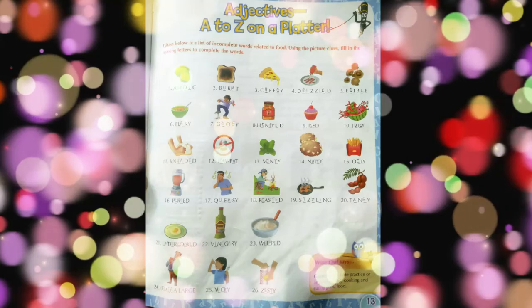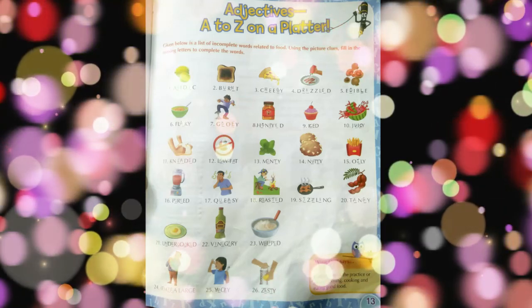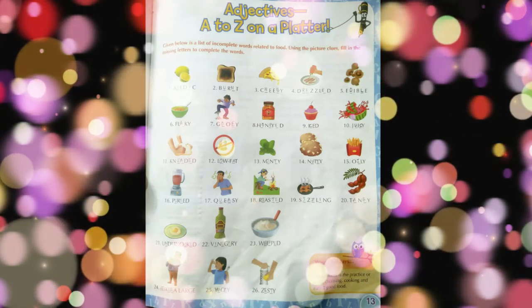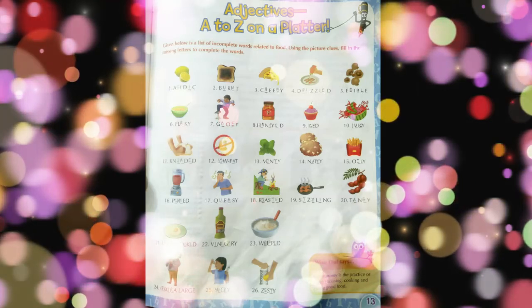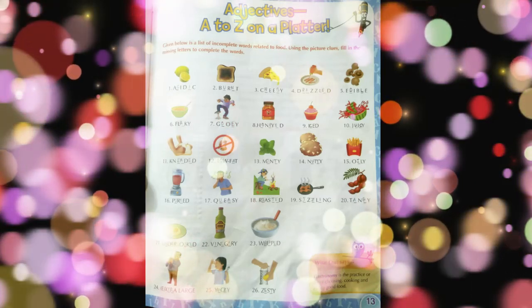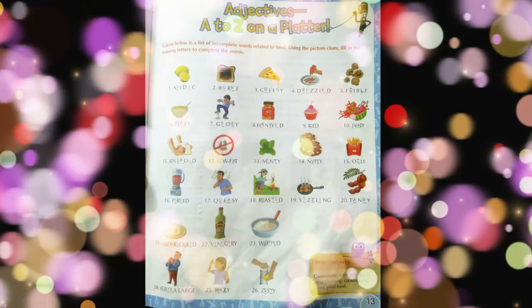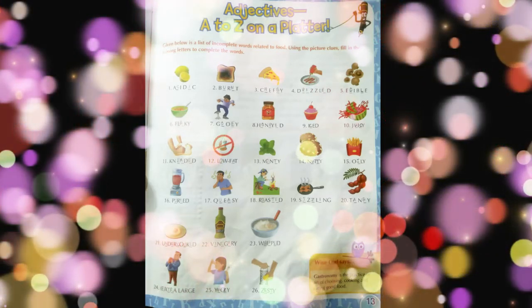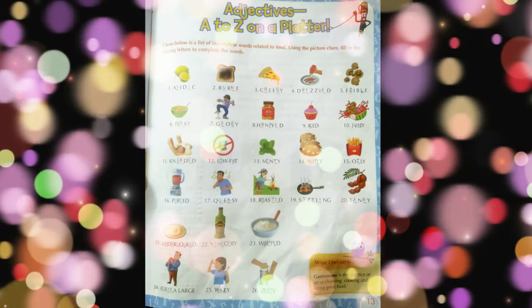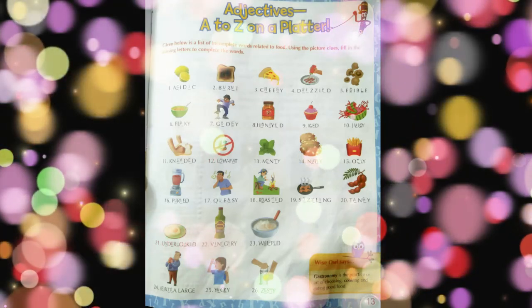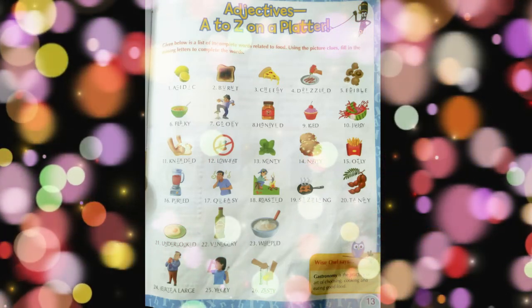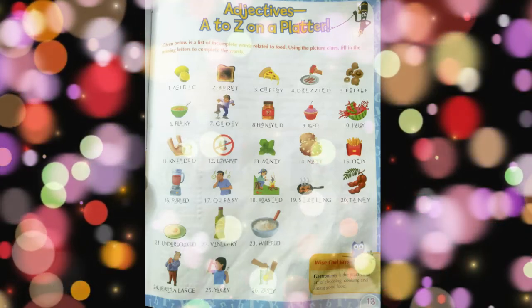Come to the next one. K-N-E-A-D-E-D, kneaded. The 12th one, L-O-W-F-A-T, that's a low fat food item. 13, M-N-Y.